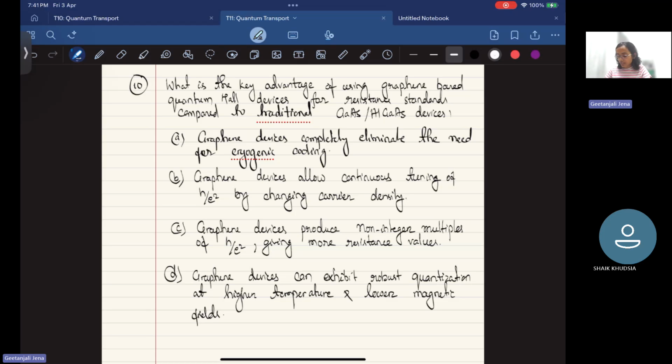Option C: graphene devices produce non-integer multiples of h by e squared, giving more resistance values. And option D: graphene devices can exhibit robust quantization at high temperature and lower magnetic field. What is the main key advantage of using graphene as a resistance standard compared to the traditional devices? Can you guess the answer?